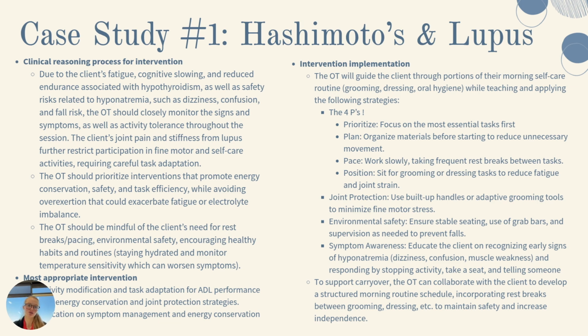Pacing, so taking rest breaks and working slowly, and positioning so they can sit for a grooming task to help the fatigue. Then joint protection, using built-up handles or adaptive tools if needed. And then the environmental safety component, which is making sure there's no clutter everywhere, the seating is stable, and grab bars if they need them.